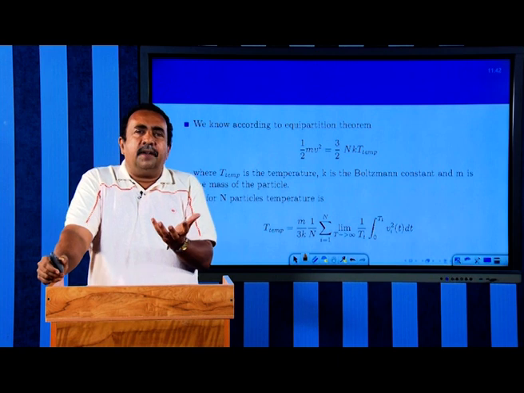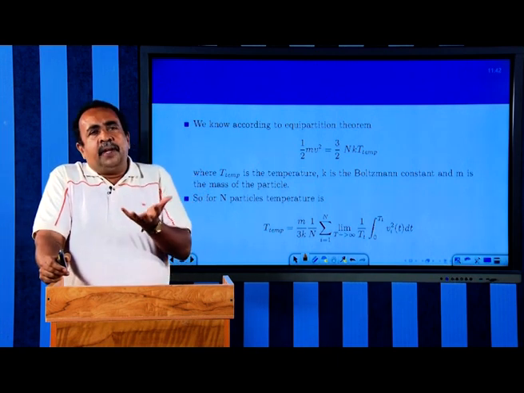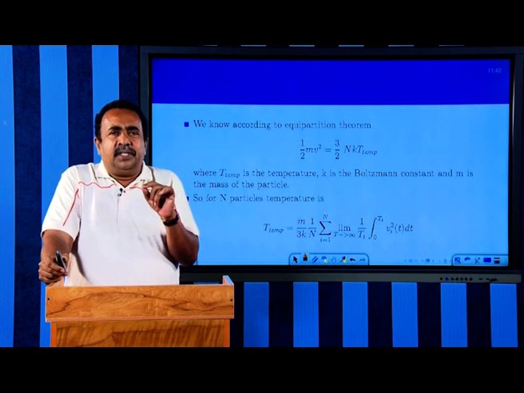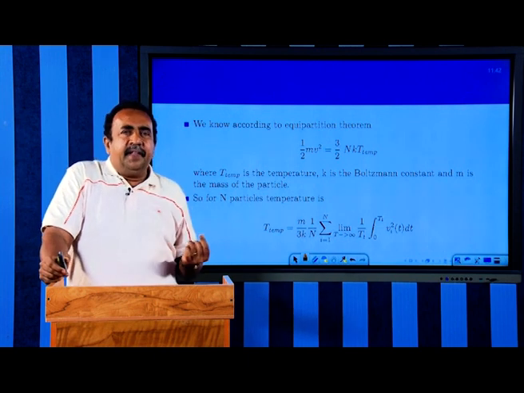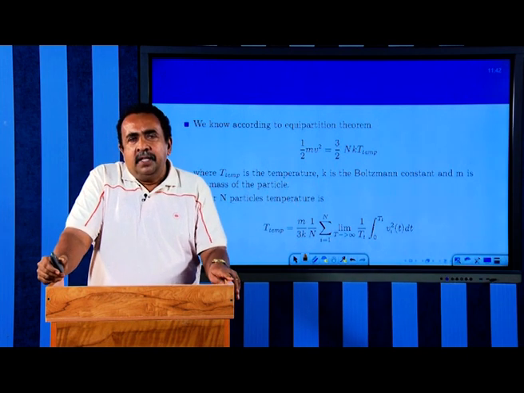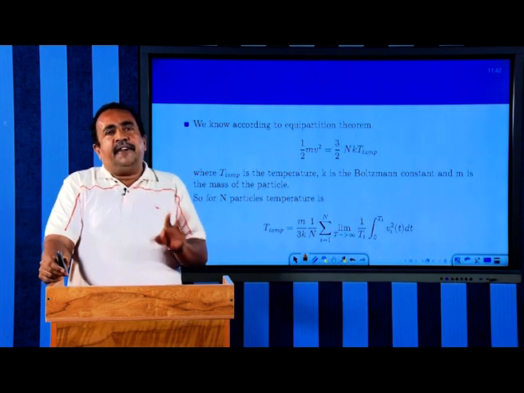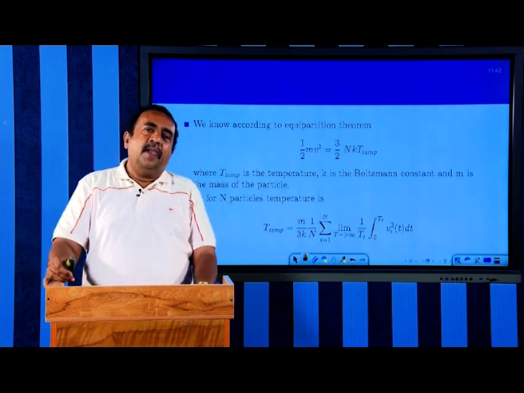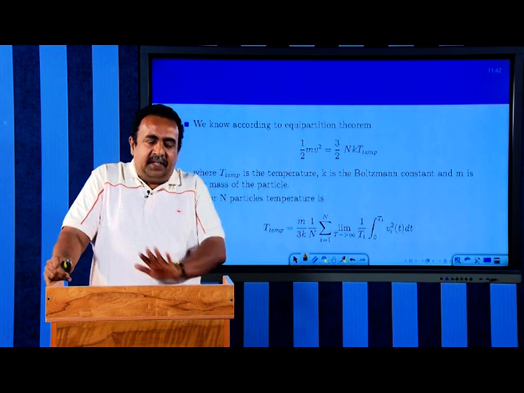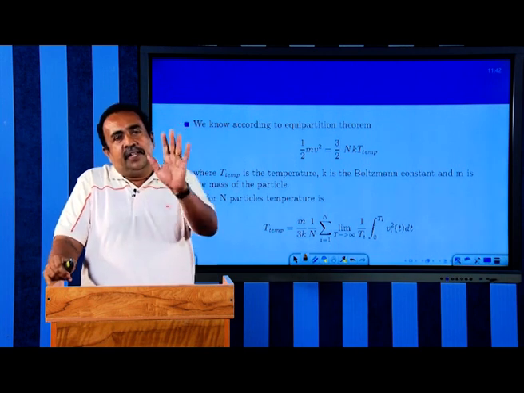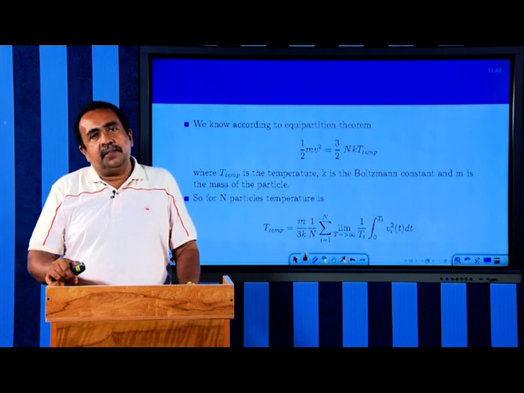Because in a small container you will be having more than 10 raised to 23 particles, and summing over all the velocities and then finding the time average, it is really impossible. Therefore, whatever average property we have to find in statistical mechanics is always the time average, and finding the time average is actually not possible. Affirmatively you can say it is not possible in statistical mechanics.